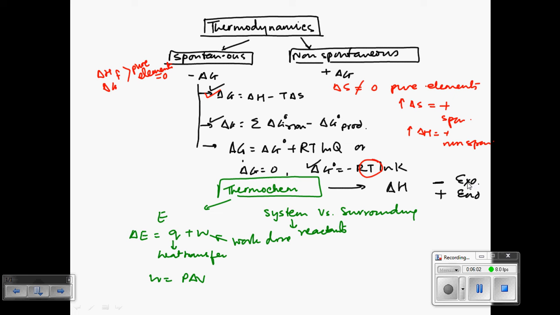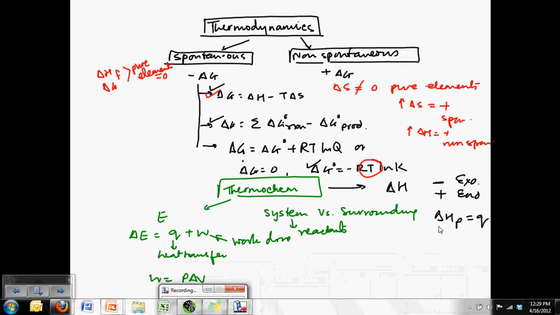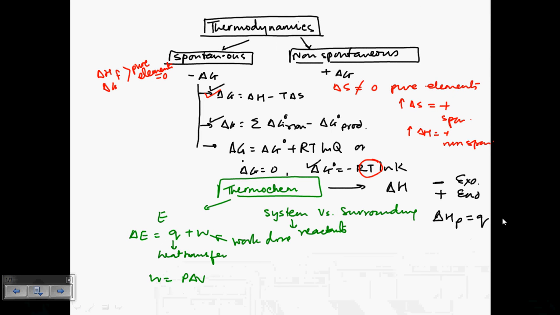And delta H P, or change in enthalpy at constant pressure, is also equal to the heat of reaction. So generally, enthalpy change is the same as heat of reaction, or heat transfer during a reaction at constant pressure. And since most of our reactions occur at constant pressure, we can approximate it as enthalpy change is the same as heat transfer.